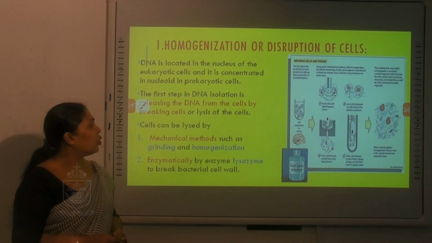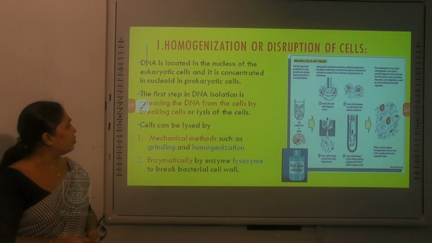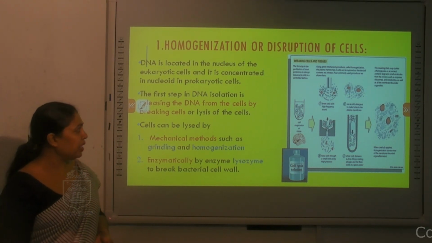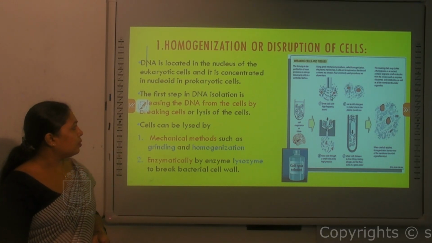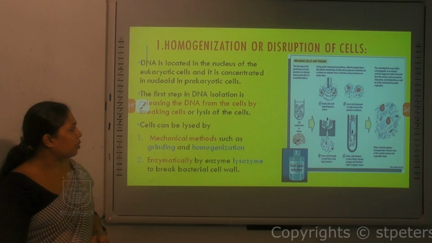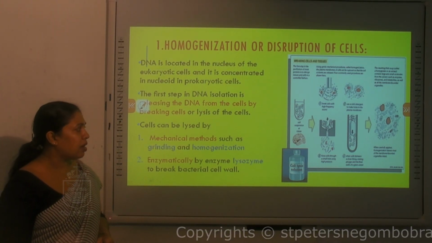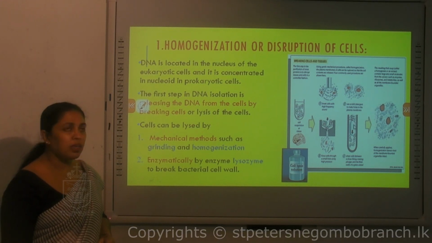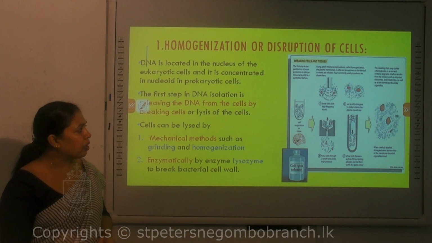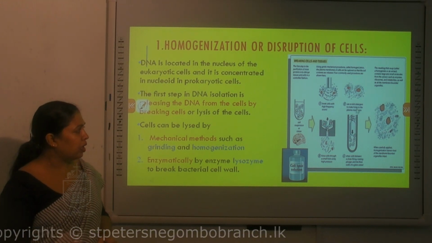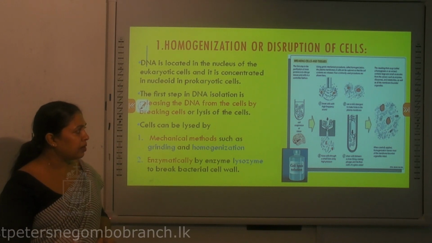The first step is homogenization or disruption or lysis of cells. In this we use a lot of mechanical methods. Sound waves are used here, and you can use high pressure, or some equipment like a blender or a homogenizer, and the cell is broken, the membranes are broken and the contents are out.